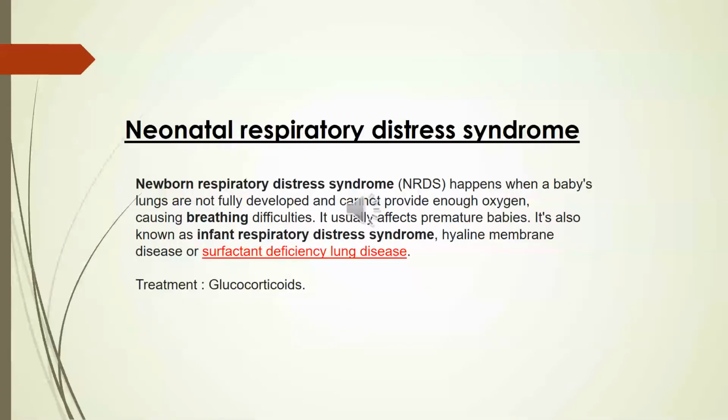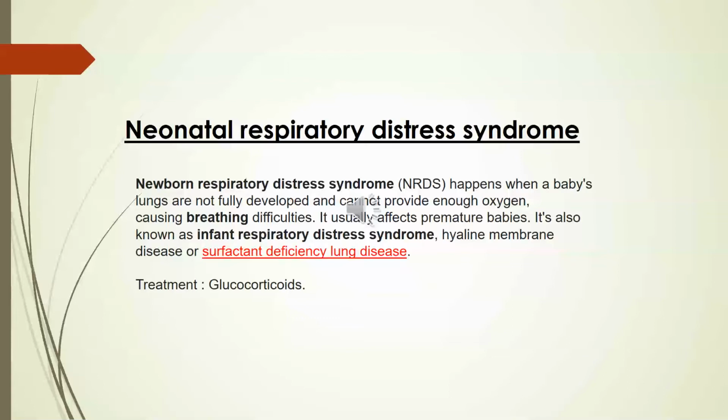In this slide we will discuss insufficiency of surfactant, which is very common in infants delivered by cesarean section, premature infants, or infants of a diabetic mother. They suffer from tachypnea, an increase in the rate of respiration, and difficult respiration within the first few minutes after birth. This condition is called neonatal respiratory distress syndrome.